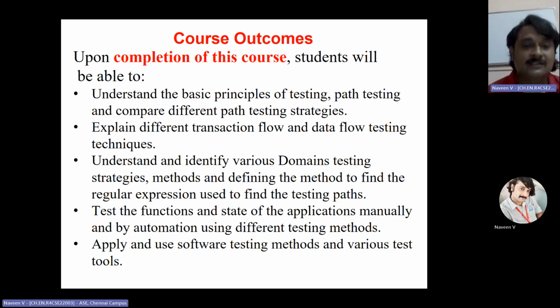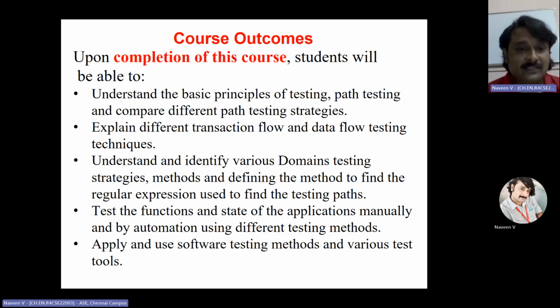Okay, so next we'll discuss the course outcomes. At the completion of this course, the student will definitely be able to understand the basic principles of testing like path testing, and compare the different path testing strategies. The student will understand the different transaction flow and data flow testing techniques, and be able to identify the various domain testing strategies and methods, and define methods to find regular expressions used to find the testing paths.